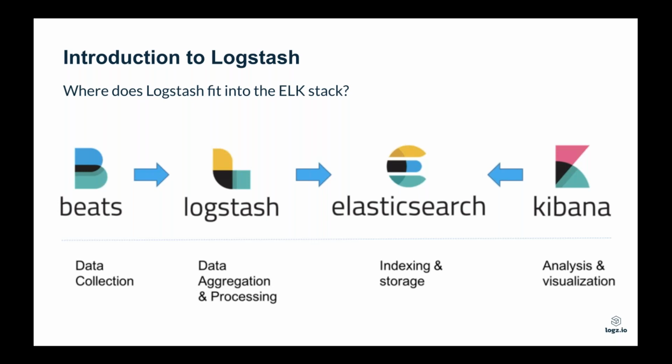We have these four core parts, as you can see here: Beats, which is the data collection layer; Logstash, which is the transformation layer, or the parsing layer, if you will; Elasticsearch, which is the indexing and storage layer, consider it like a database; and then Kibana, which is the front end, which consumes Elasticsearch and provides visualization and a user interface.